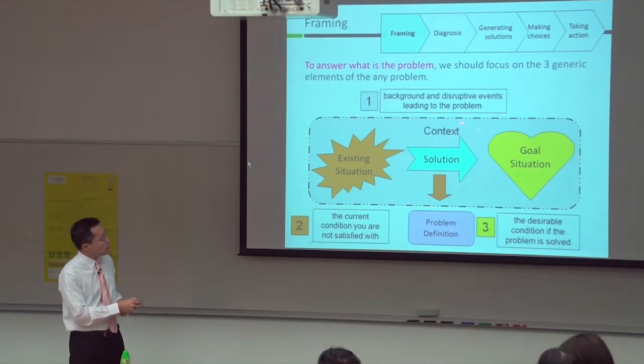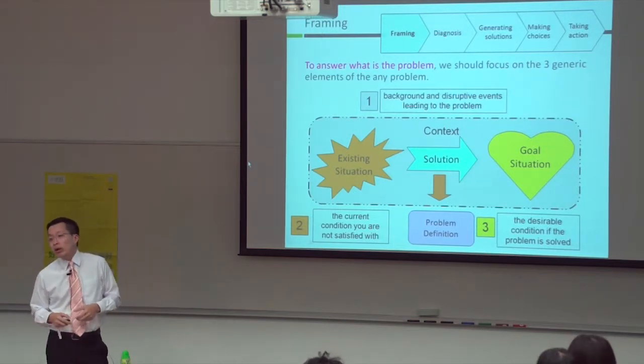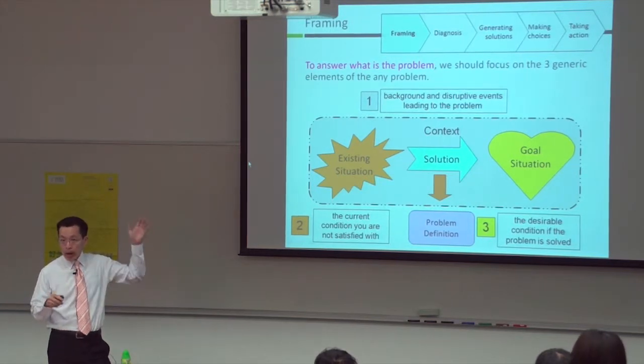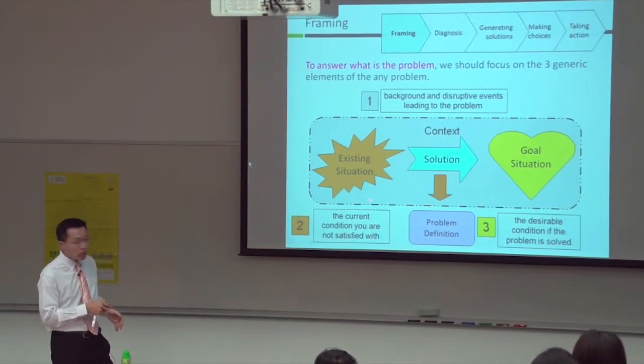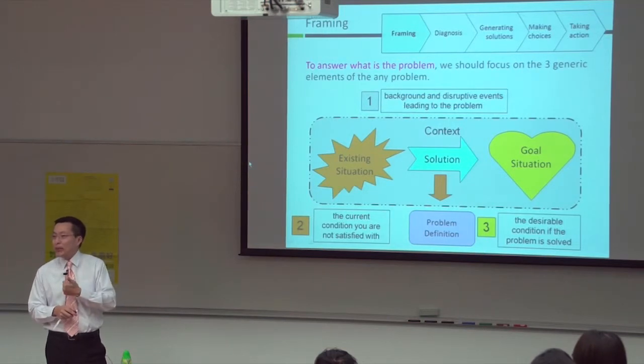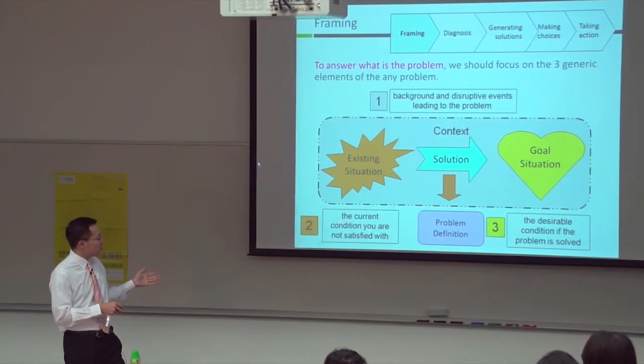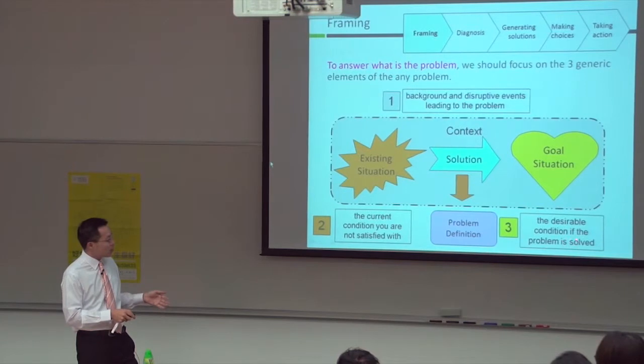For every situation, you have a context behind it. The context means the background, okay? You can identify some background behind the situations, some data, we may call them parameters behind the situation. And then we have a current situation that is not satisfactory, and the desirable condition if the problem is solved.